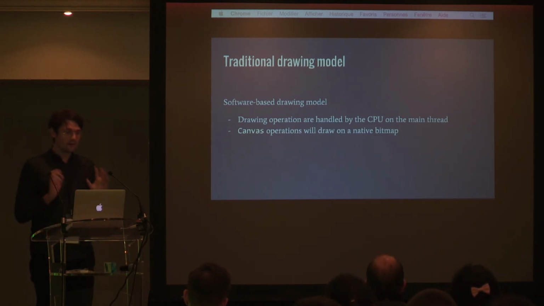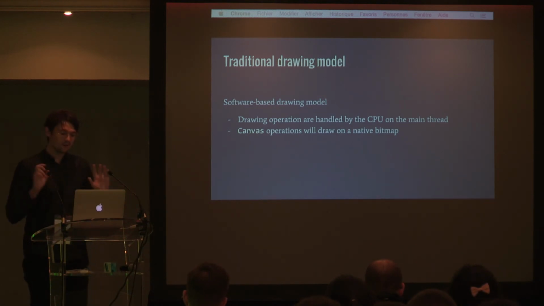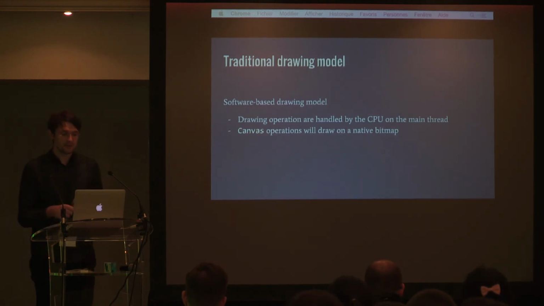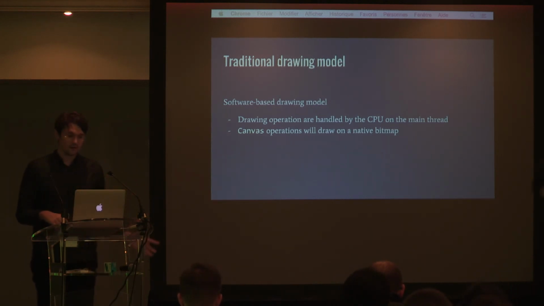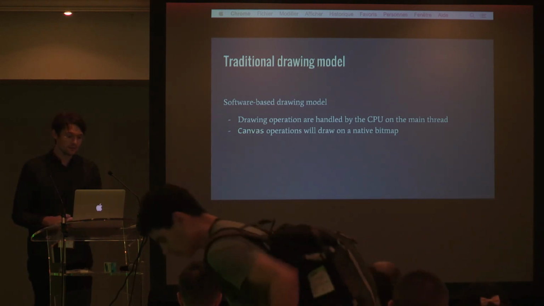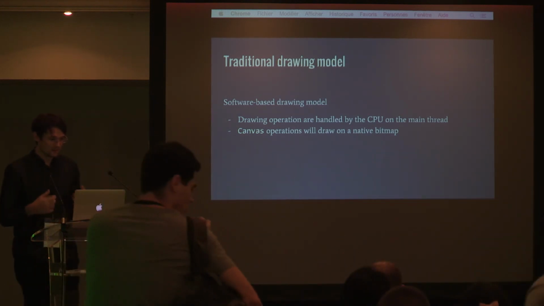In this model, the rendering was done by the CPU. I mean, you had a kind of bitmap in the framework where every operation was rendered. You draw a line, that's the CPU drawing some pixels on a bitmap. It explains a bit why animation on 2.x was a bit slow.